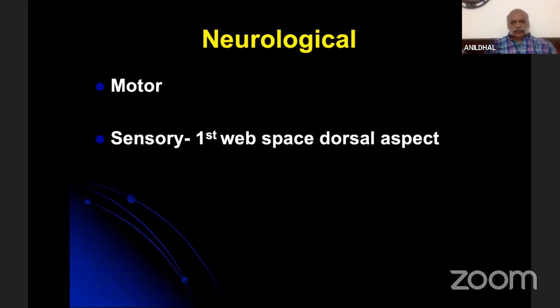Neurological examination would be incomplete without doing a sensory examination. Since this is a radial nerve case, the sensory supply is in the first web space, dorsal aspect. Always compare with the normal side. If you test only the affected side, the patient will always say yes, he can feel, because by the visual effect also, he volunteers that he can feel.